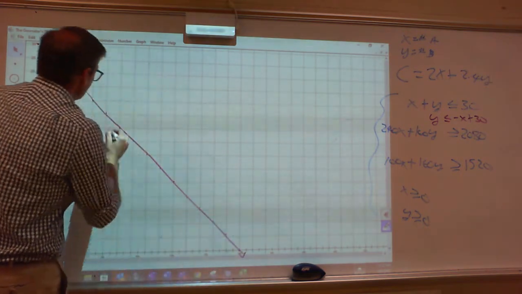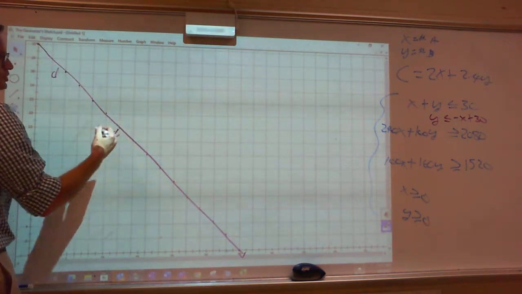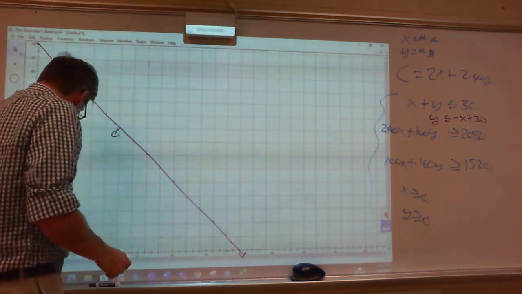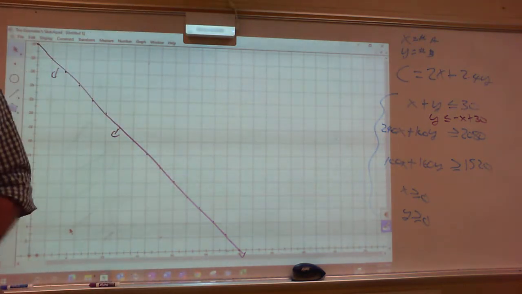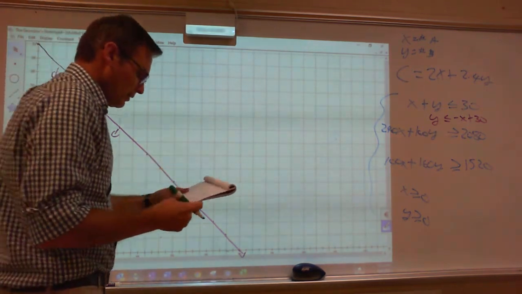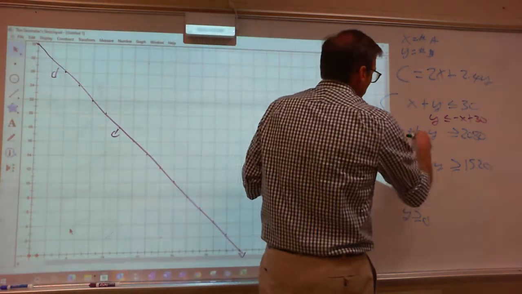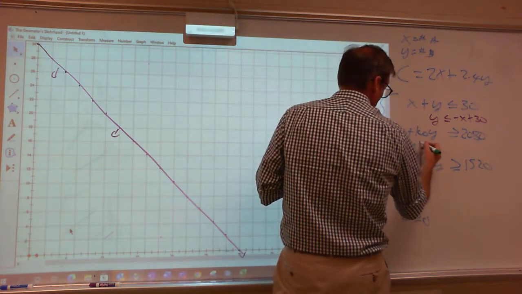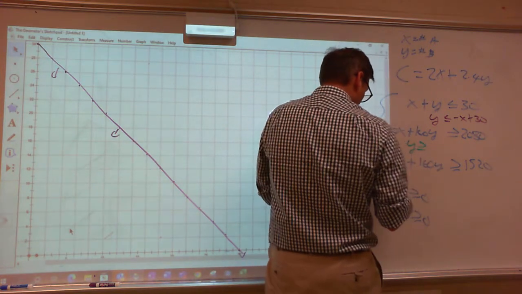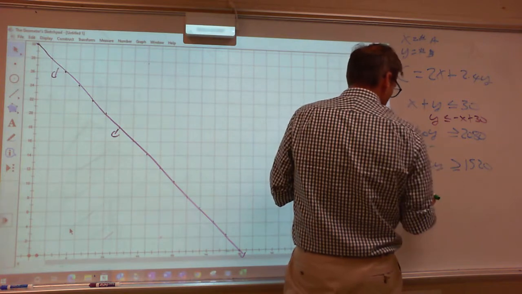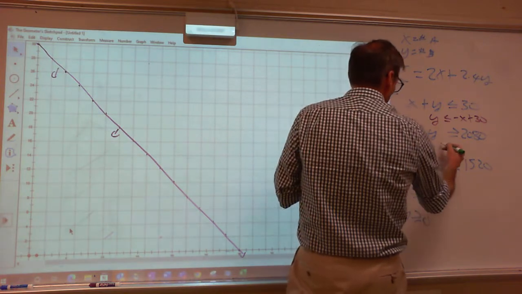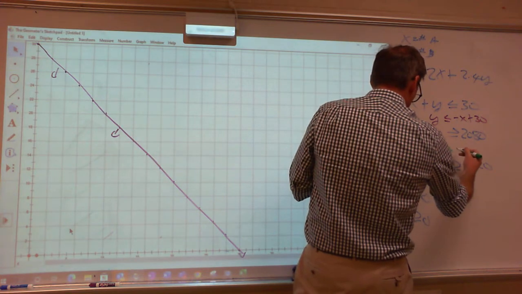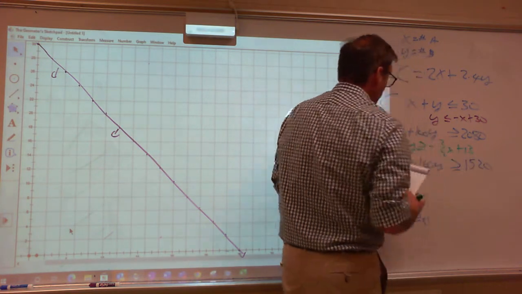And imagine I can draw a straight line and it's less than, so it shades up. These are a little different. If I solve for y, this is going to give me y is greater than or equal to negative 3 over 2x plus 13.